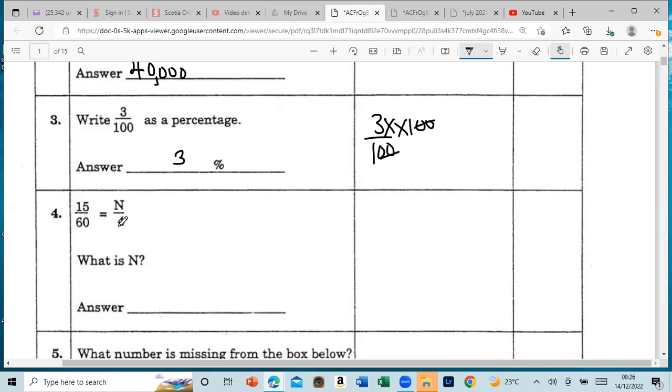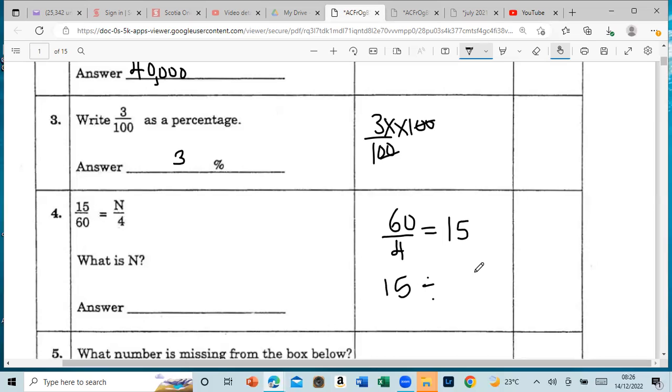So whatever value we get when we divide 60 by 4, that would be 15. So 60 divided by 4, because that's what they do to get the 4, they divide by a number. And that number would be 15. So because they divide this by 15, we should also divide this by 15. So 15 divided by 15 is 1.